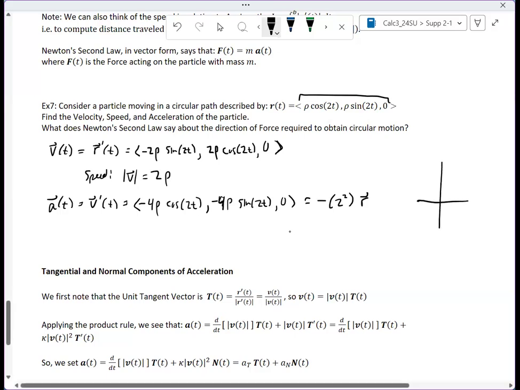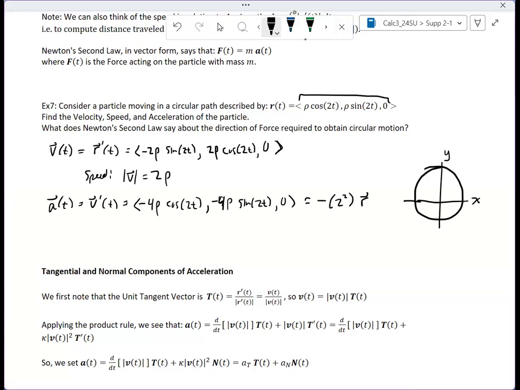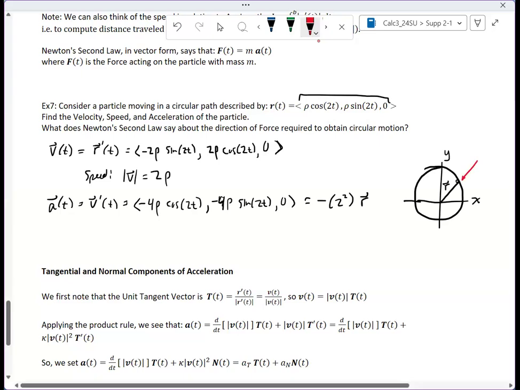So again, in the xy plane, I have a circular path. I have a position vector, r. I have an acceleration vector, a, that is going in the opposite direction.